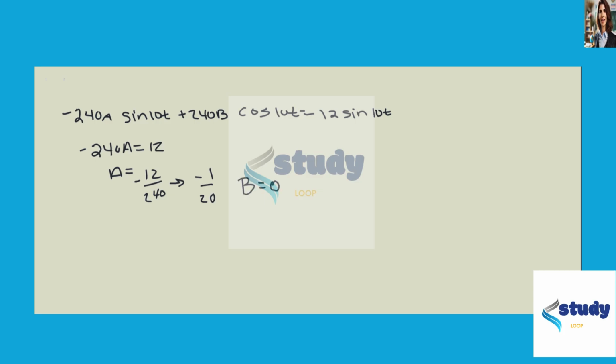And B equals 0, because I have 240 cosine, and then we don't have anything, so B equals 0.